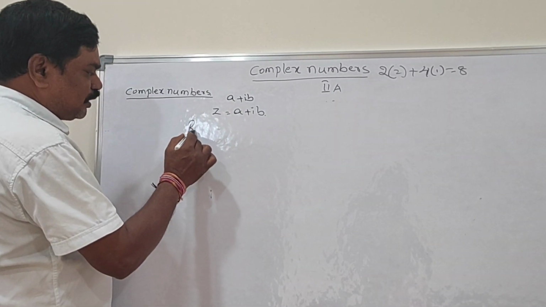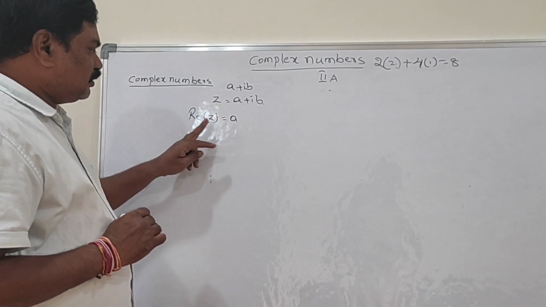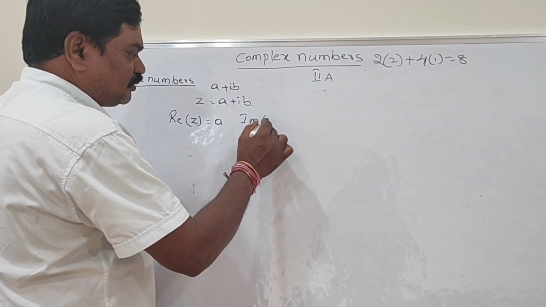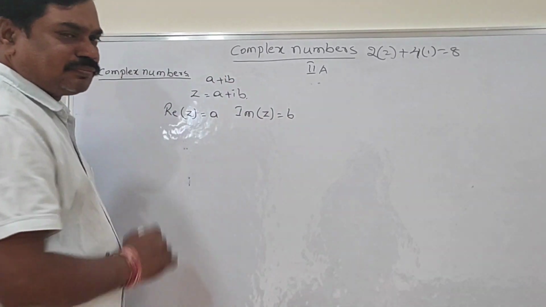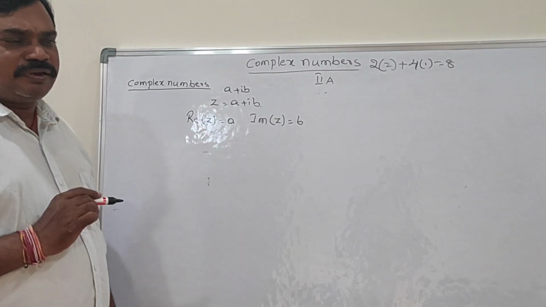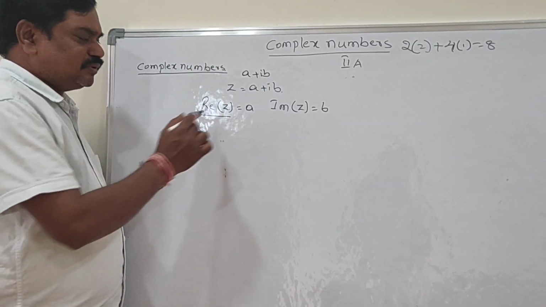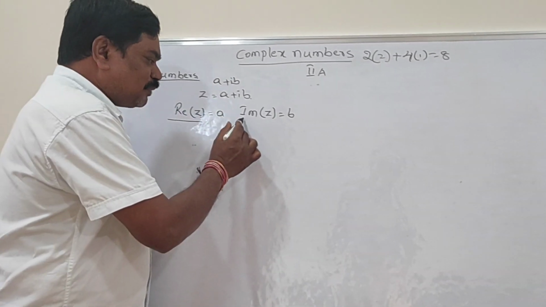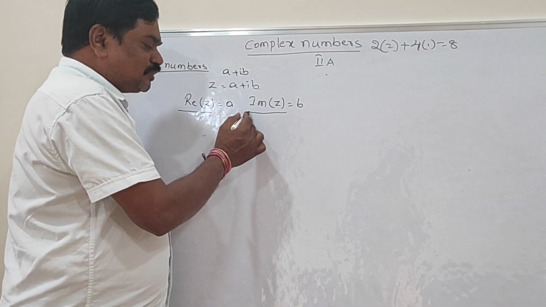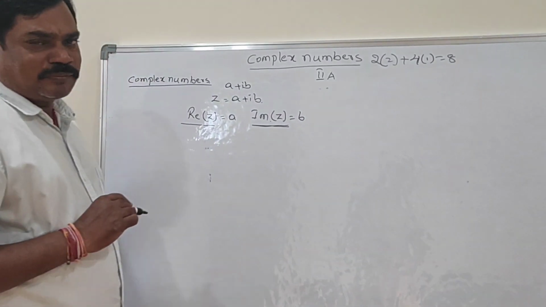The real part of z is a, and the imaginary part of z is b. The real part of z is denoted by Re of z is equal to a, and the imaginary part of z is denoted by Im of z is equal to b.